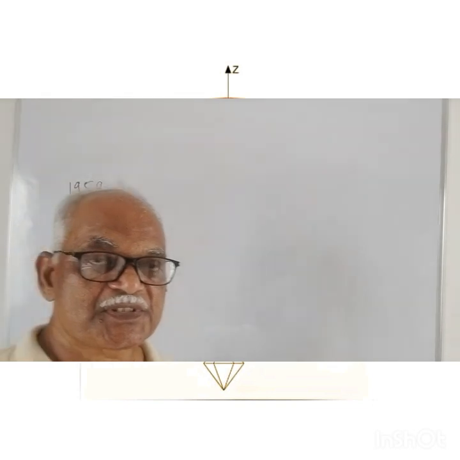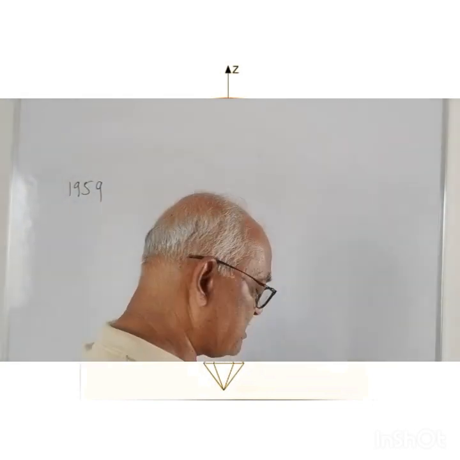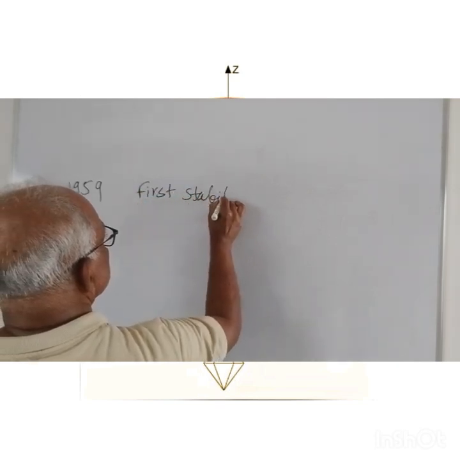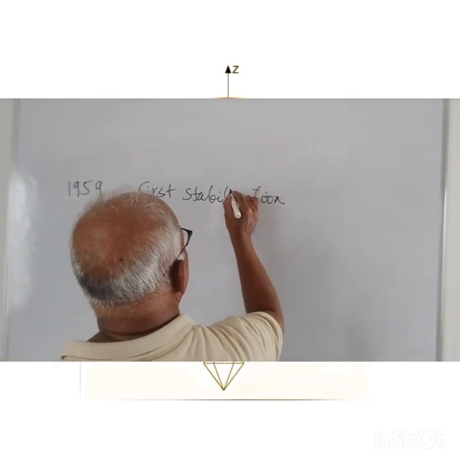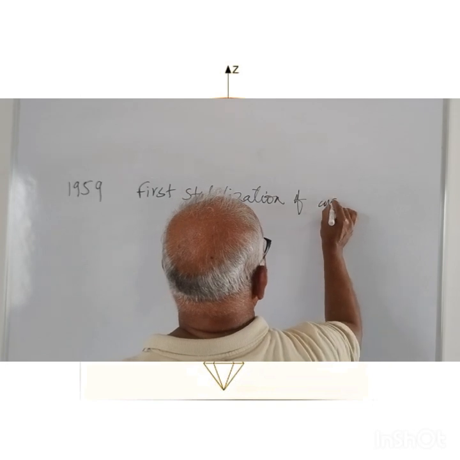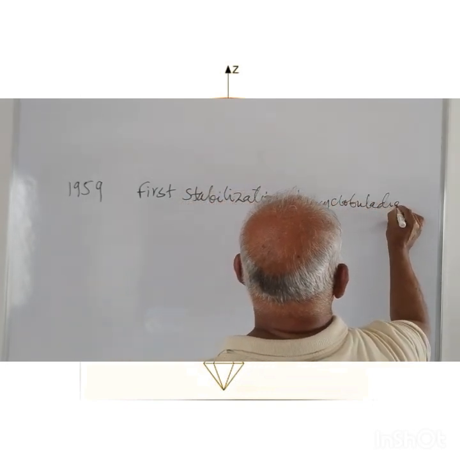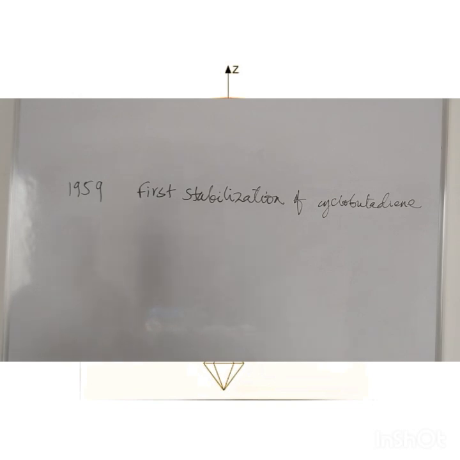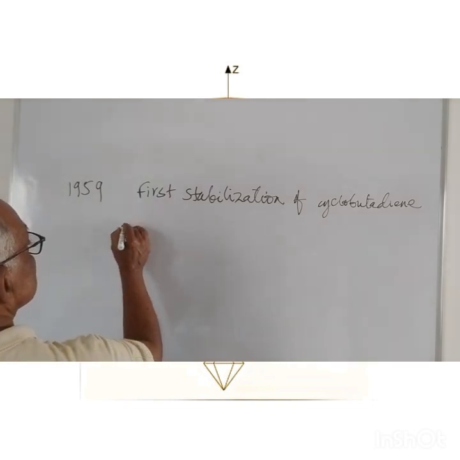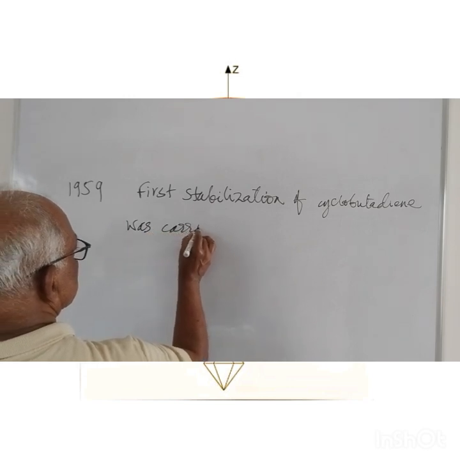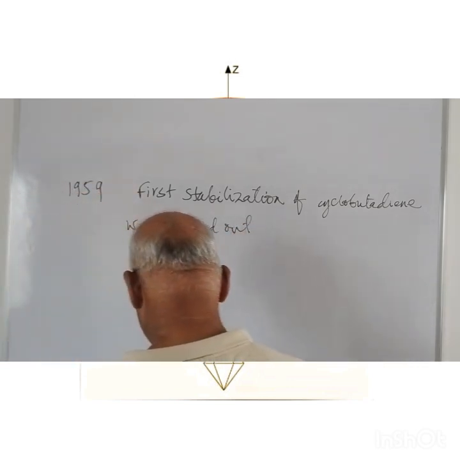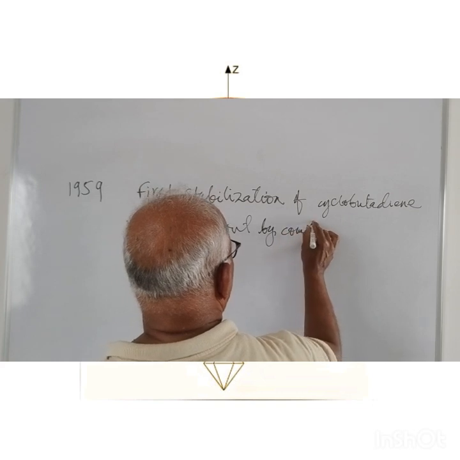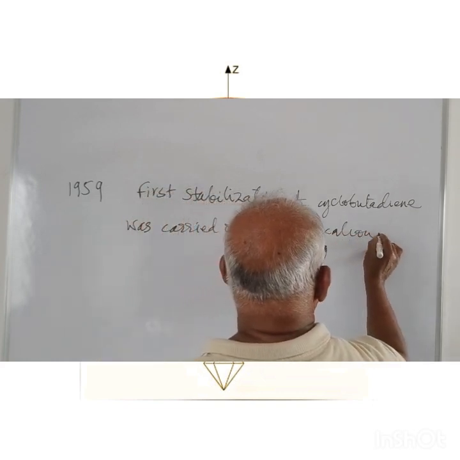In 1959, the first stabilization of cyclobutadiene was carried out by complexation with metals.